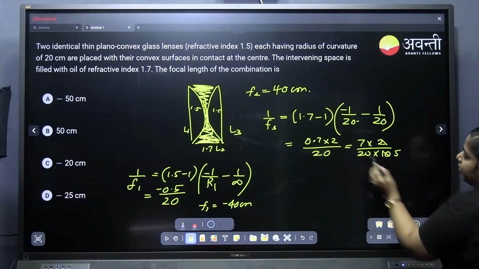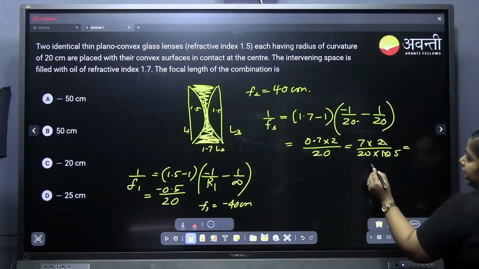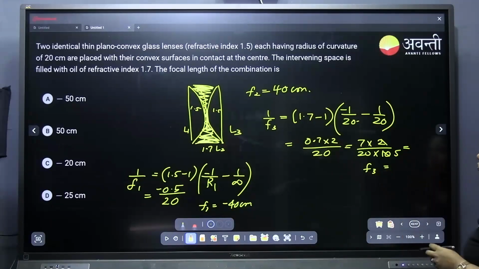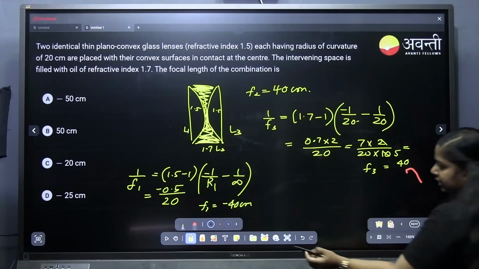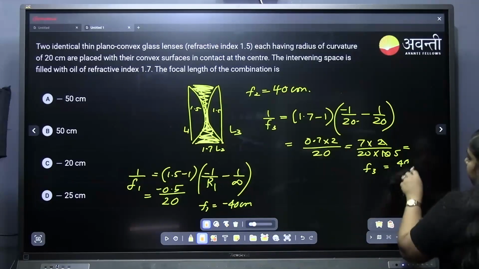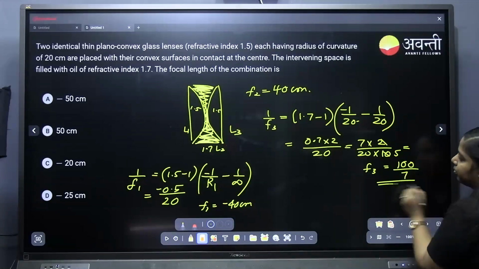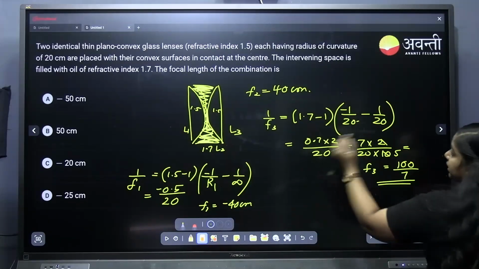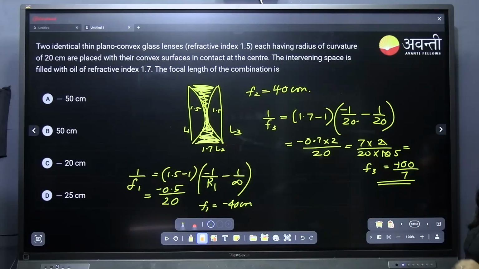This will be 1 by 50, based on which you can solve for f3. 20 into 5 is 100, so 100 by 7, and a negative sign will also be there. So f3 is minus 100 by 7.